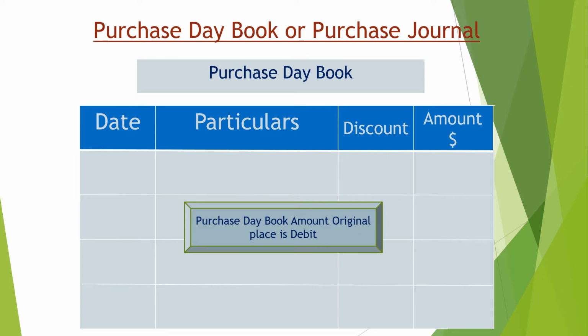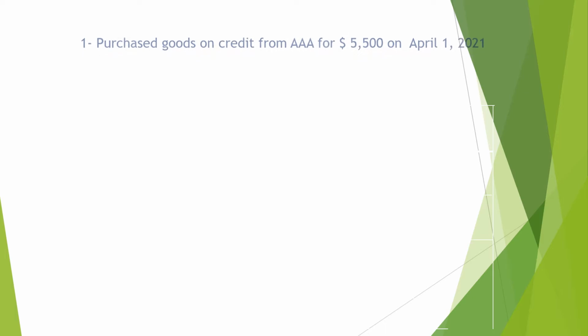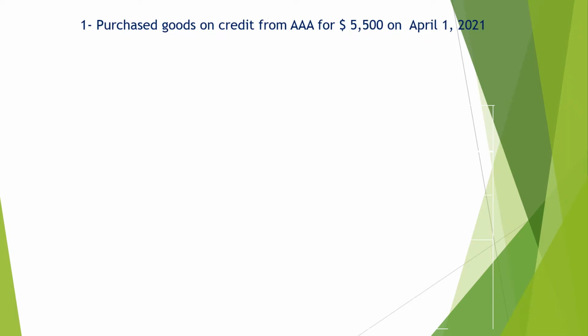Now we come to record a couple of transactions in the purchase daybook. The procedure is the same as per the previous book. Let's see the transaction example. Purchase goods on credit from AAA for $5,500 on April 1, 2021.